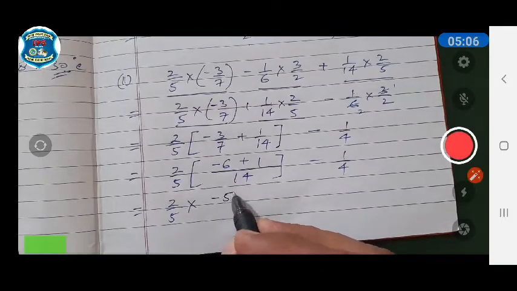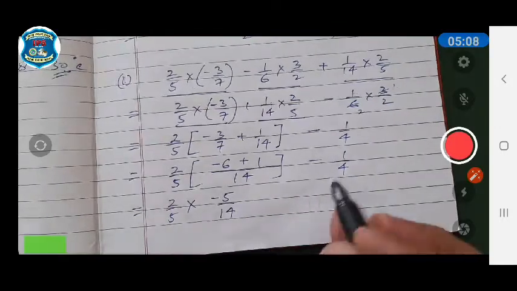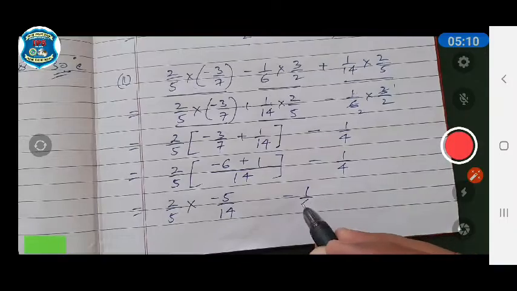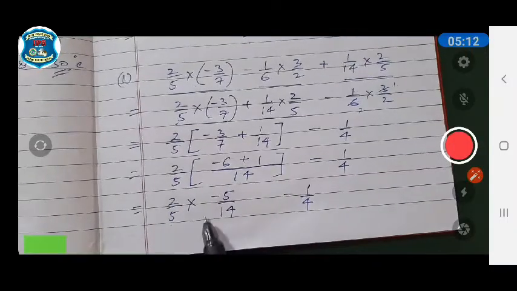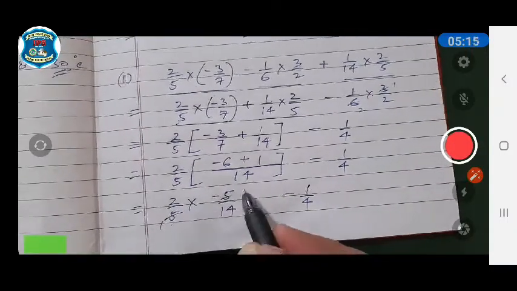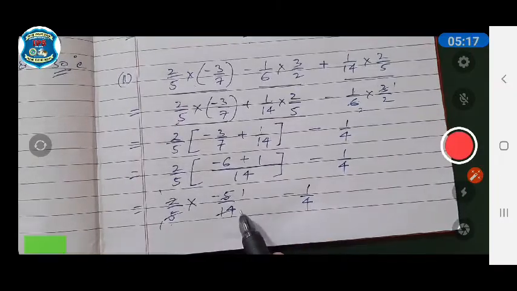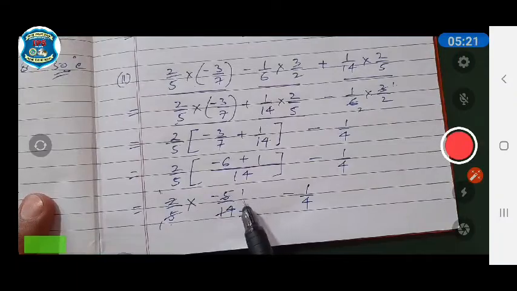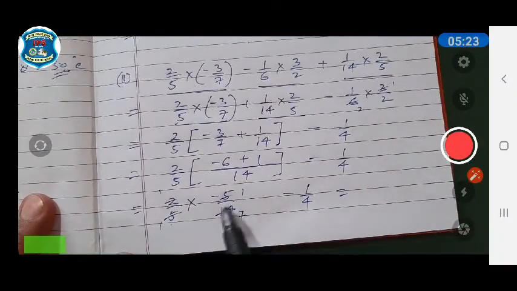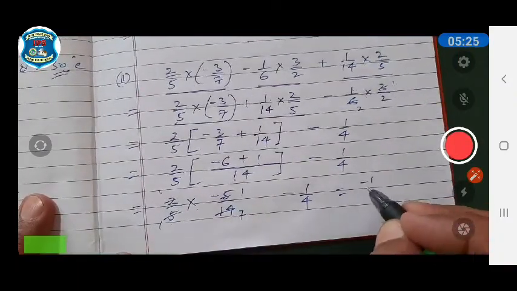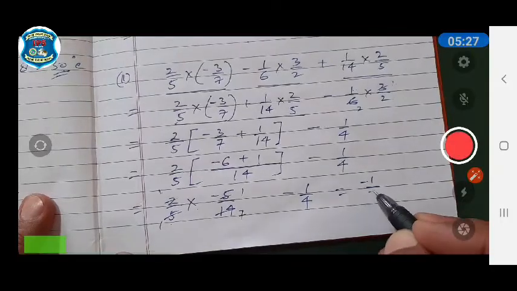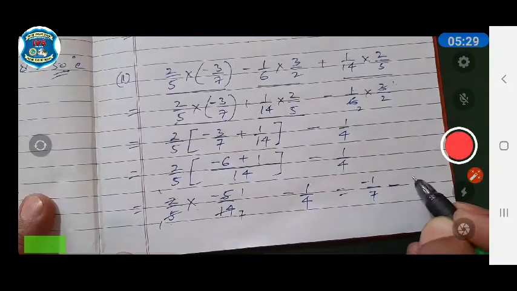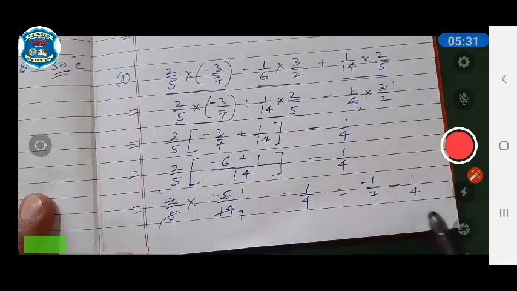So minus 5 upon 14, and this is minus 1 upon 4. See, you can reduce it again. 5 ones are 5, 5 ones are 5, 2 ones are 2, 2 sevens are 14. So what will you get? 1 into minus 1 is minus 1 upon 1 into 7 is 7, and minus 1 upon 4, right?